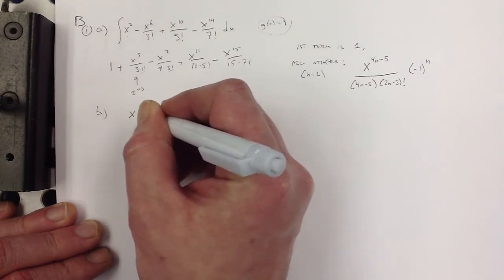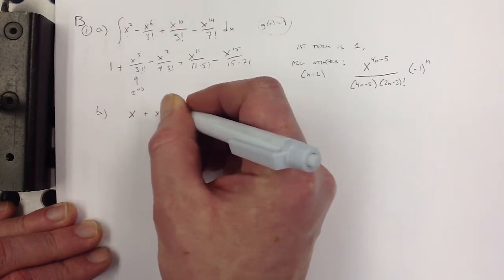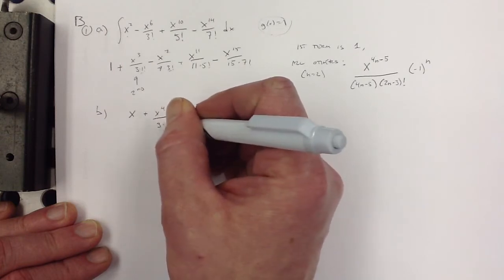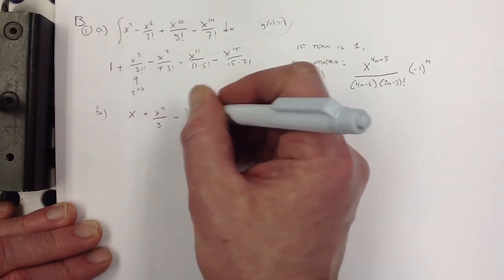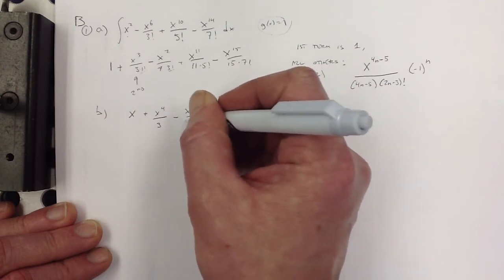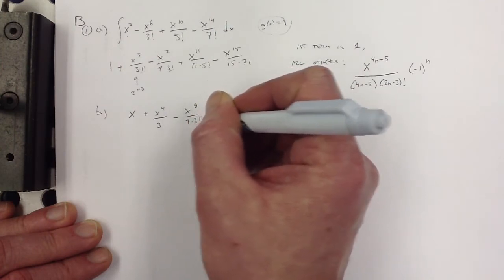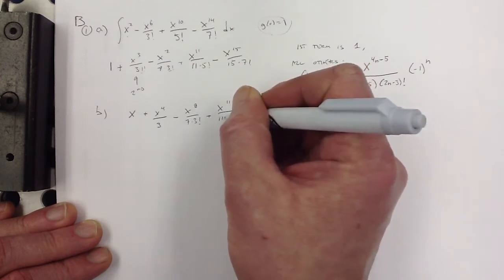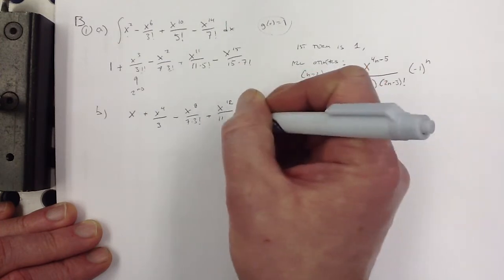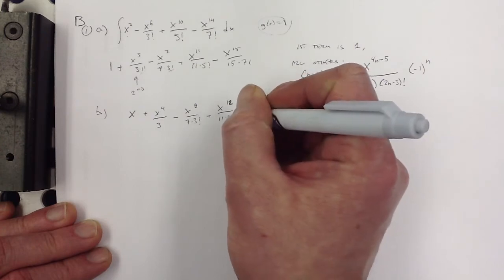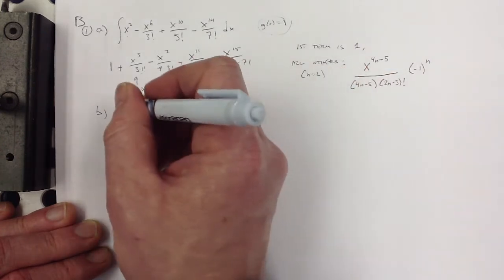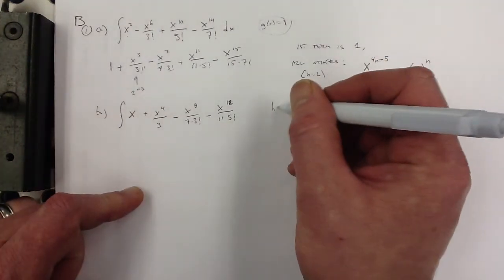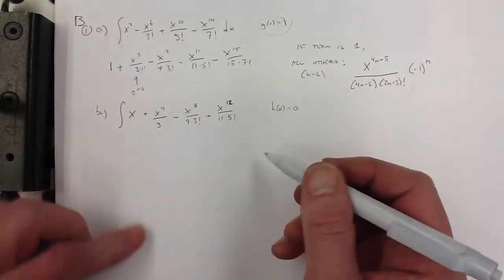That gives me x plus x to the 4th over 3 minus x to the 8th over 7 times 3 factorial plus x to the 12th, multiplying everything by x, right, over 11 times 5 factorial. And then I want to find the antiderivative of that, and this time the initial condition is 0.